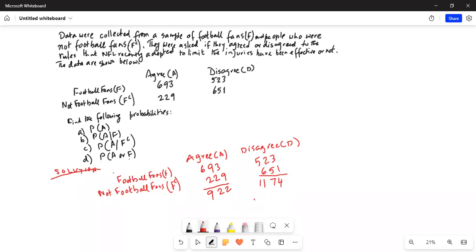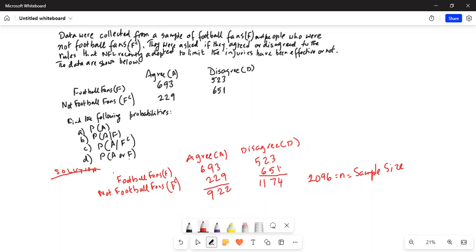The total sample size is obtained by adding these two, total of agree plus total of disagree: 922 plus 1174. That gives me a total sample size of 2096. This is N, your sample size. I obtained that by adding 922 people who agree and 1174 people who disagree.